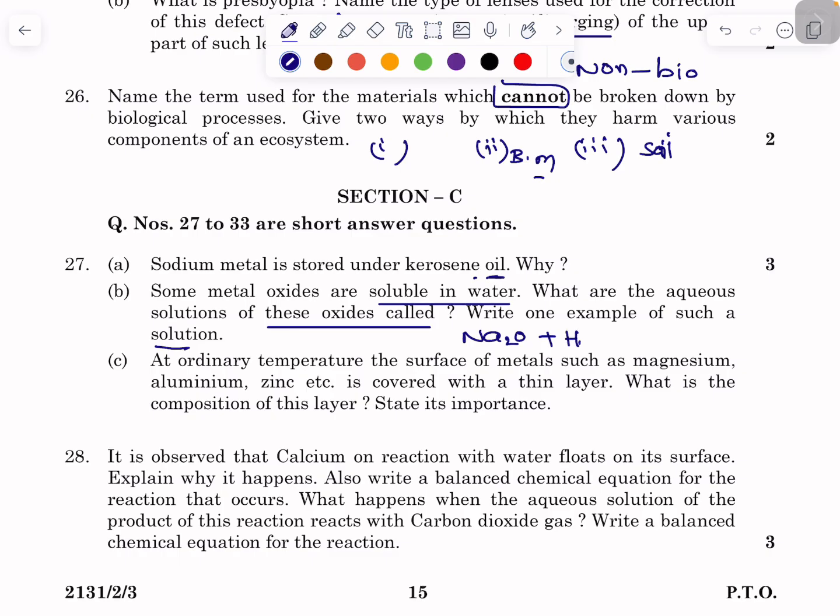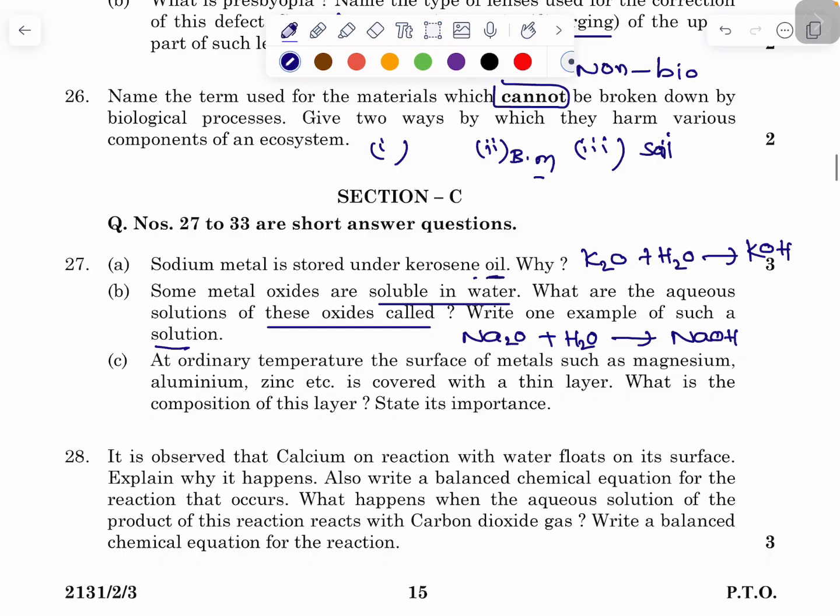When you dissolve it in water, it forms NaOH. K2O also, when you dissolve it in water, gives potassium hydroxide, KOH. Corresponding hydroxide bases you will get, and we call them alkalis. We have written that. Okay.